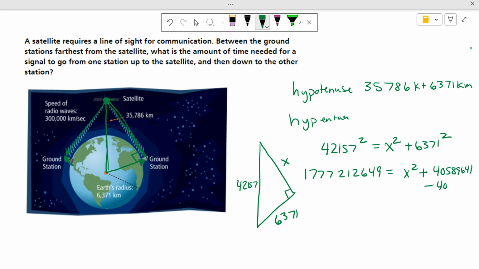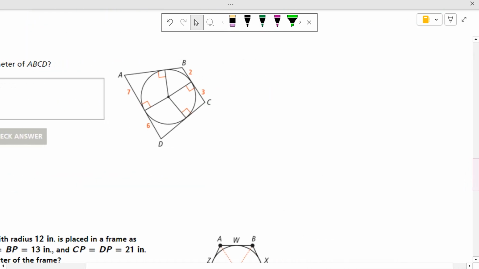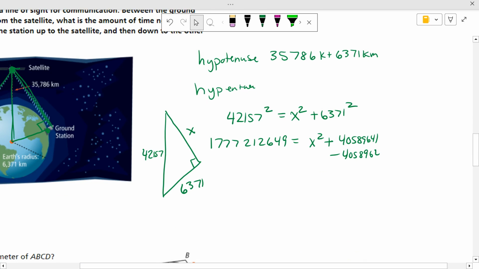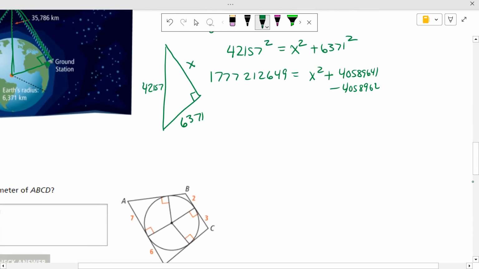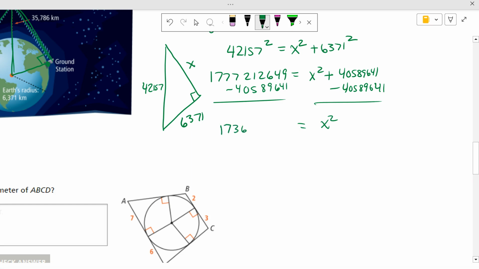Now we're going to subtract 40,589,641 from each side. And we get 173,662.